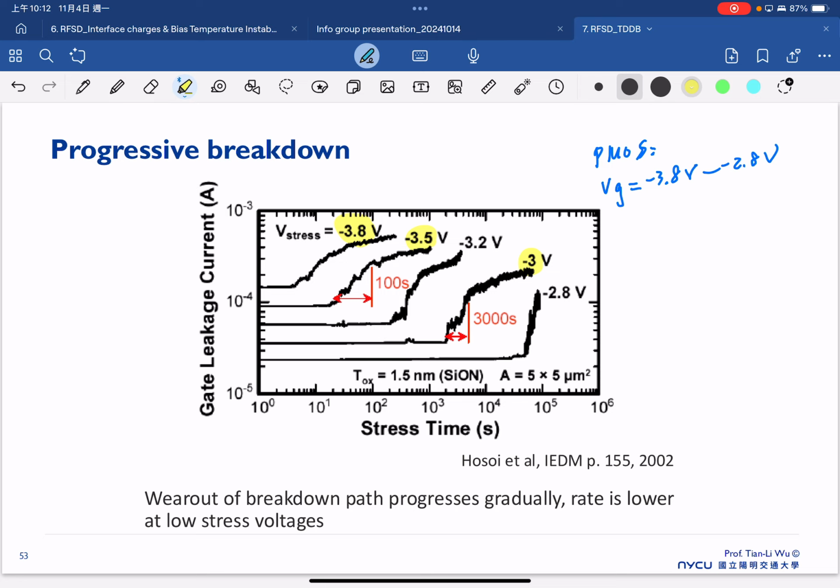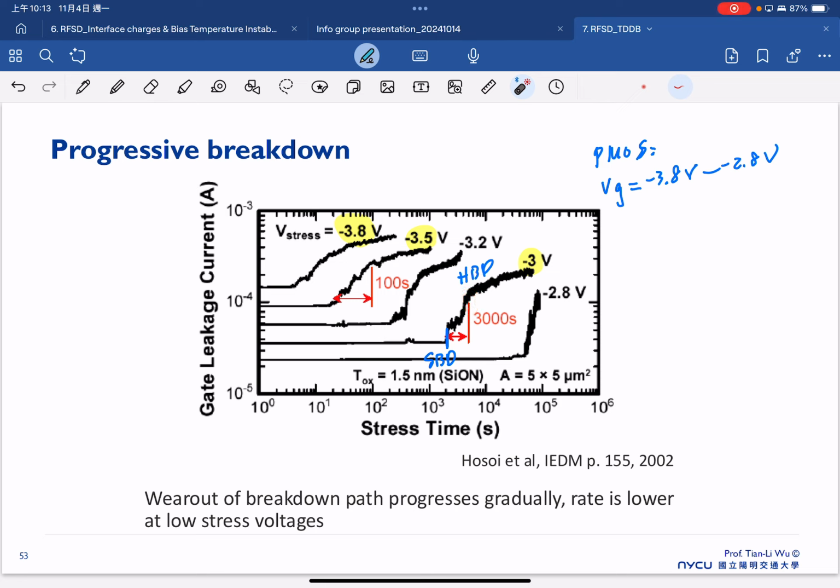If we lower the stress voltage, for example this one here, this is the time for the soft breakdown, and this is the time to the hard breakdown. If we define the criterion as the current increasing beyond a certain level, that's what we consider a hard breakdown. This is the moment the current increases beyond a certain level, so we define this as hard breakdown. It takes 3,000 seconds here.